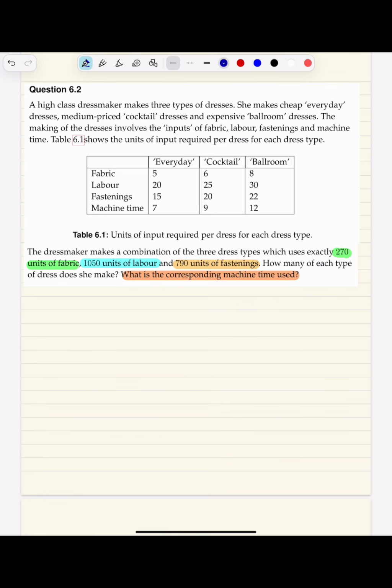So let's denote x as the number of everyday dresses, y as the number of cocktail dresses, and z as the number of ballroom dresses.